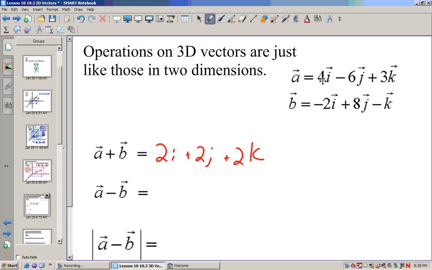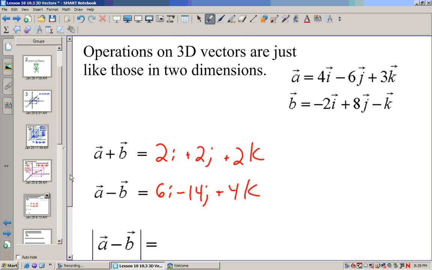A minus b, 4 minus negative 2, 6i. Negative 6 minus 8, negative 14j. 3 minus negative 1, that would be 4k.